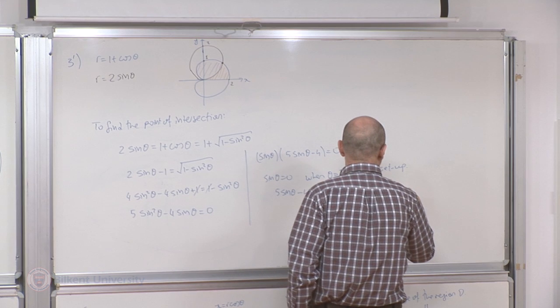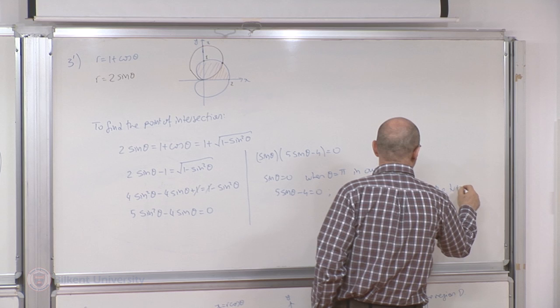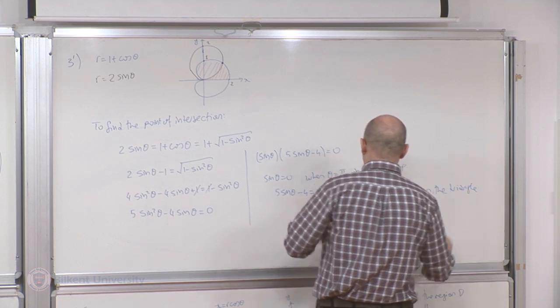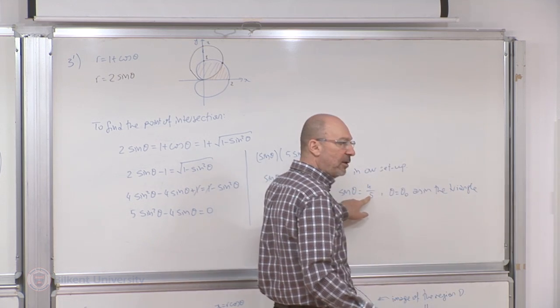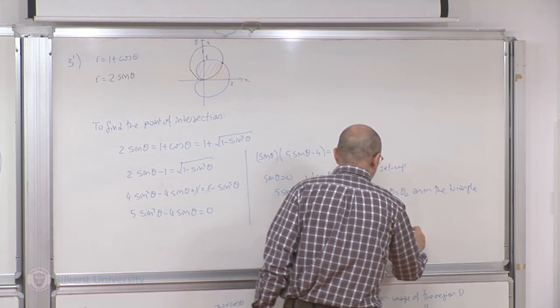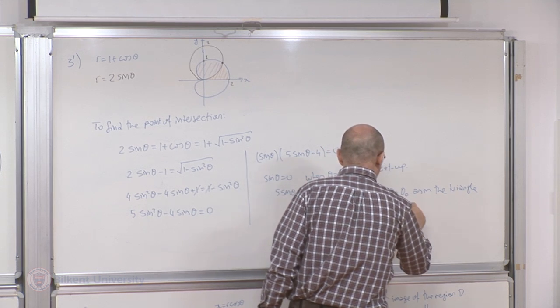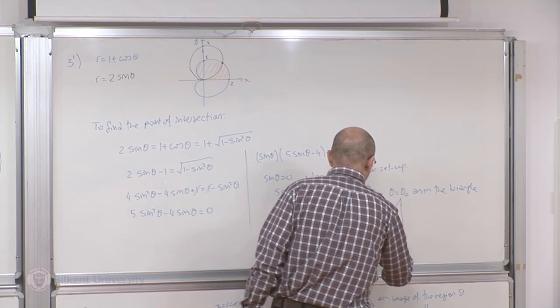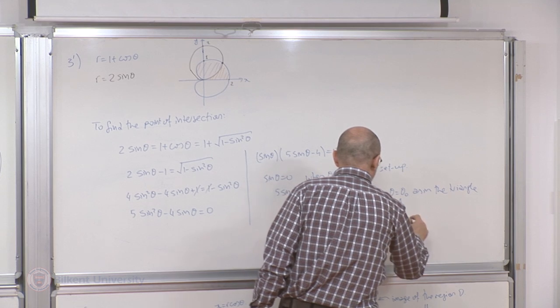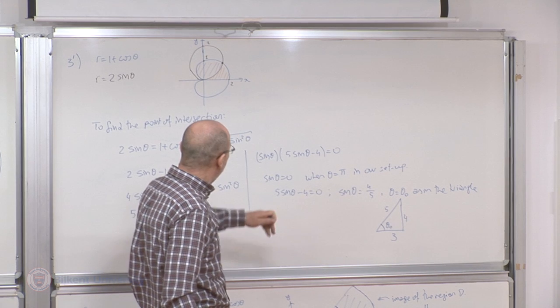So theta equals theta 0 as in the triangle. This is opposite side divided by hypotenuse, so the other side is 3. So we have our good old triangle: this is theta 0, this is 4, this is 3, this is 5. Okay, so it makes sense.